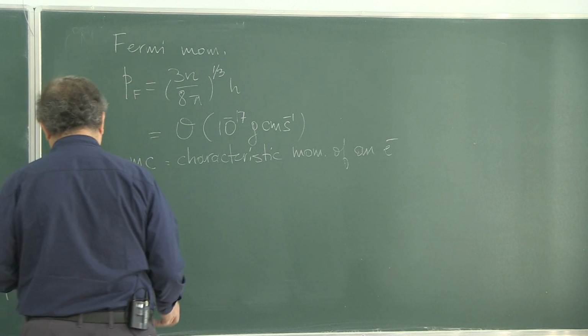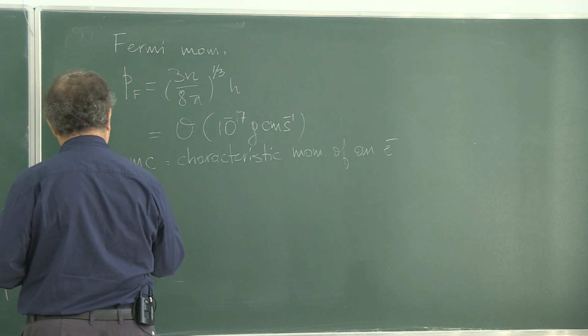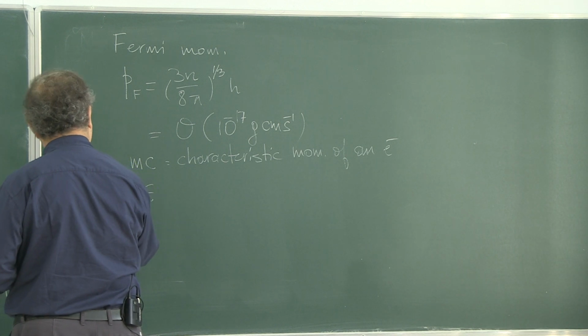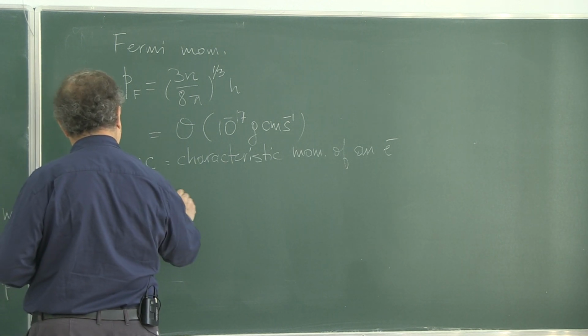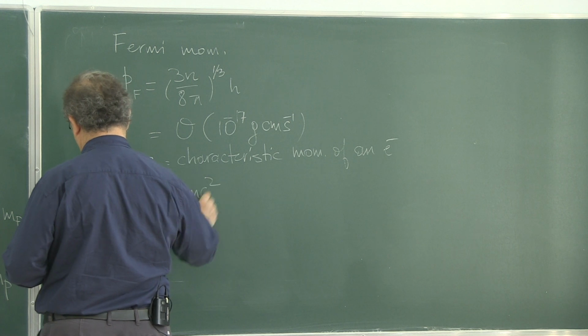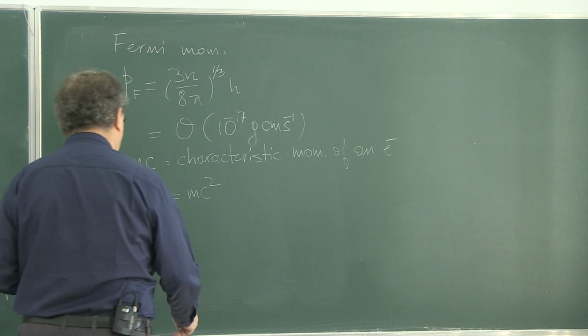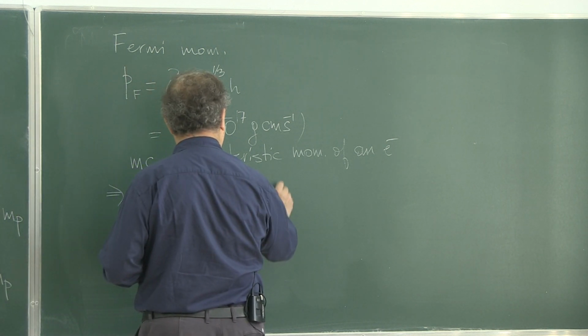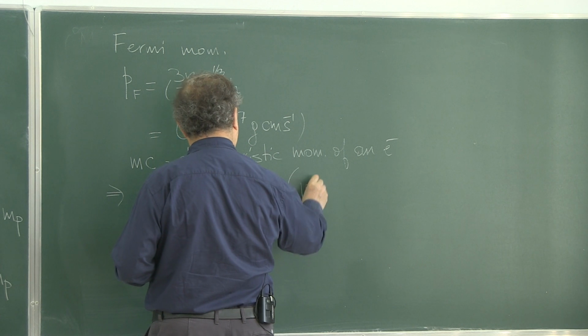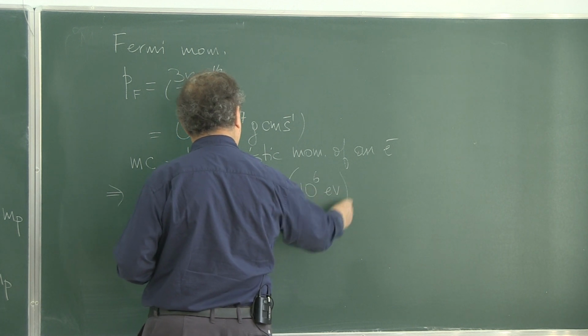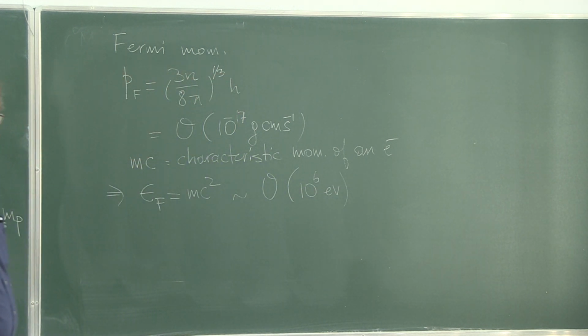If you look at this, you can write Fermi energy as mc squared, that is the rest energy of the electron. This is of the order of 1 million electron volt or 1 mega electron volt. Isn't it? 1 MeV.